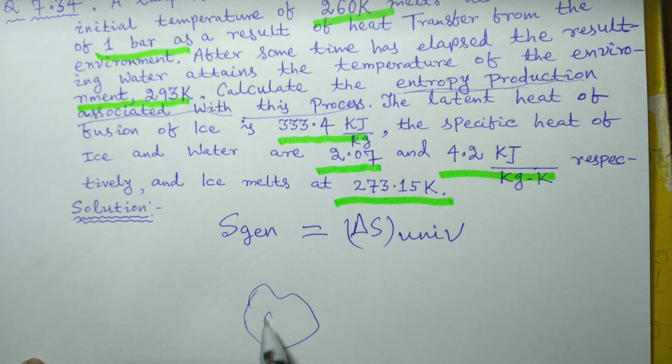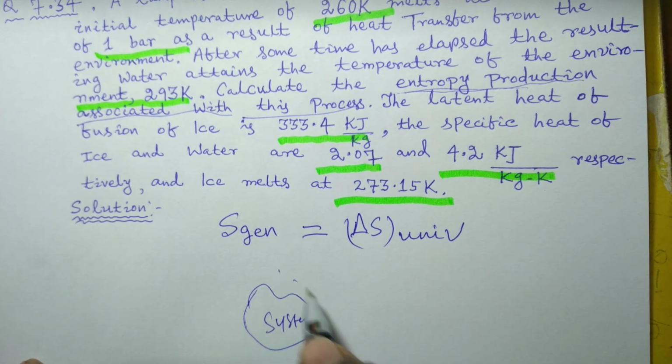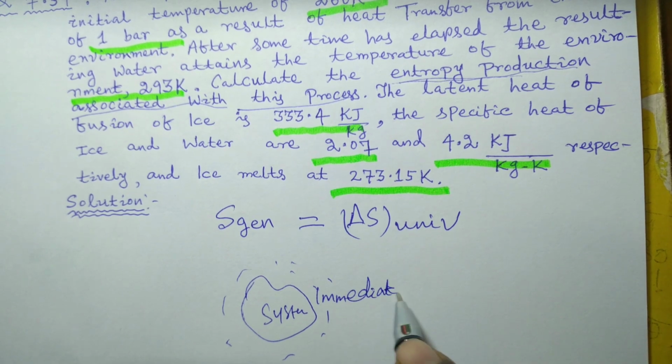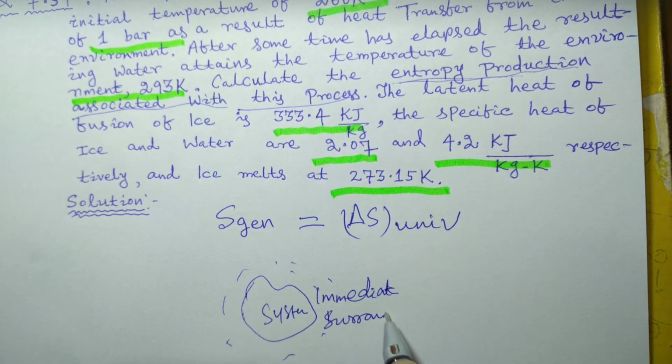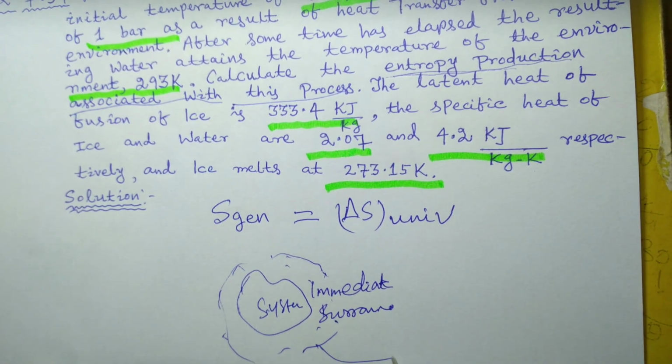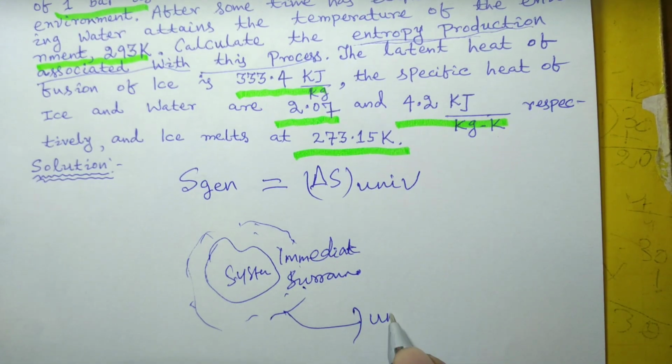Suppose this is system and its immediate surroundings. This is immediate surrounding. And this system and the immediate surrounding constitute your universe for the problem under consideration.